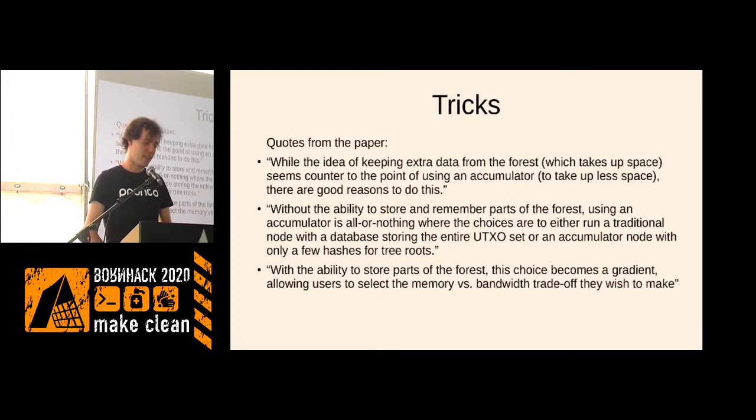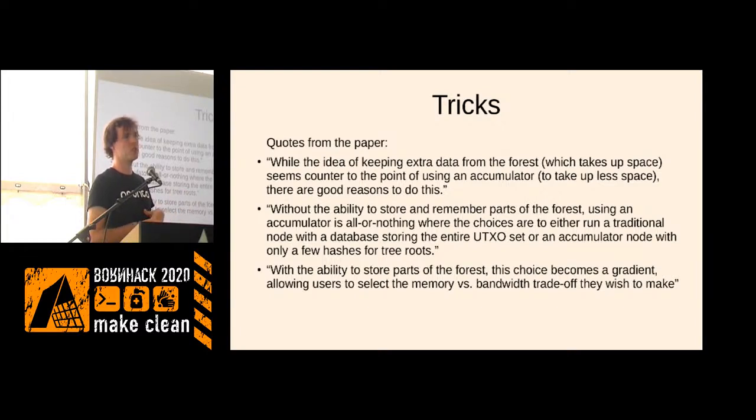Okay. So now I'm going to talk about the extra tricks you can do, because all the time I only talked about saving the roots, right? Because the roots commit to the whole tree. But you can do it smarter than that, because if you only store the roots, every time somebody says this thing is in the tree, you would have to ask for the proof.